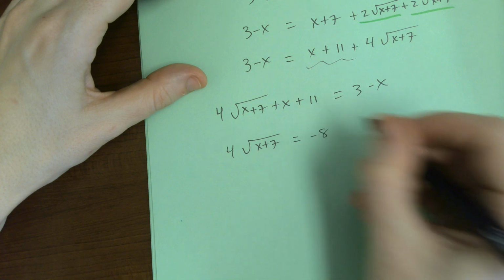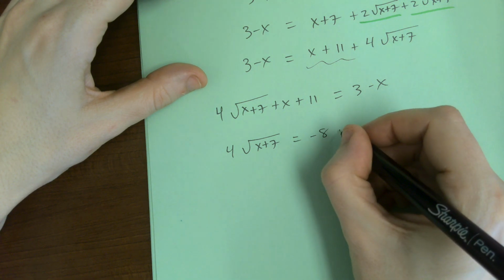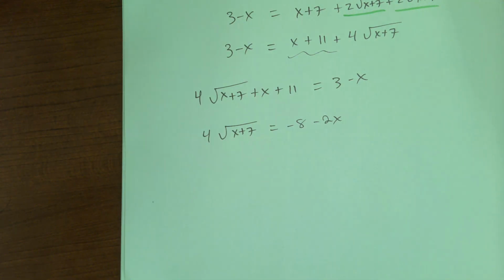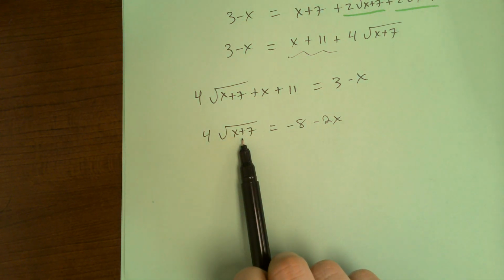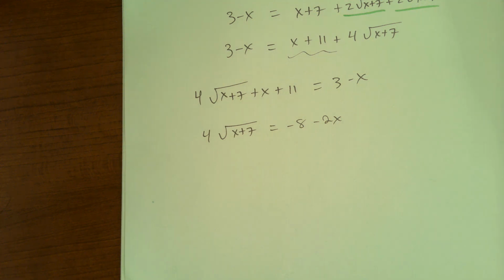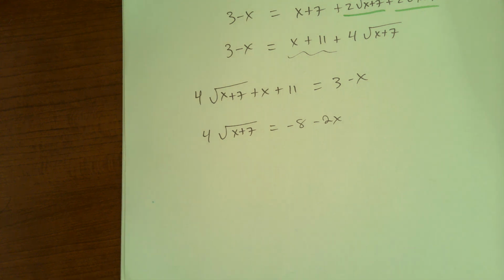All right, so we're getting negative 8 minus 2x. Okay. Alrighty, now, guys, this radical is not completely isolated because of the 4 in front of it, the coefficient of 4. So you have some choices here. You could divide both sides by 4 right now.